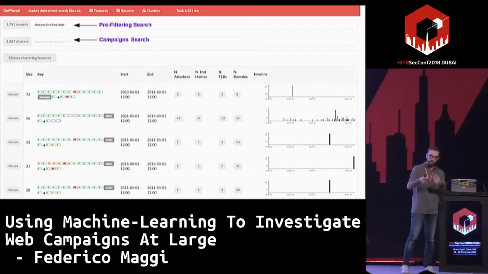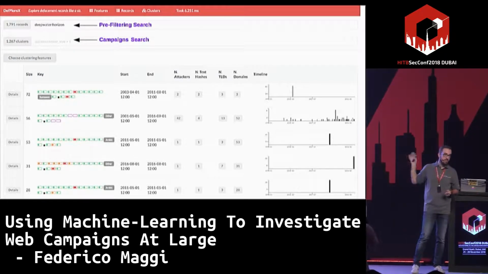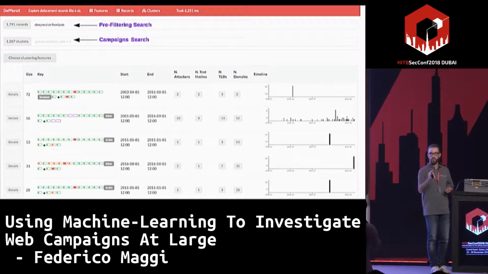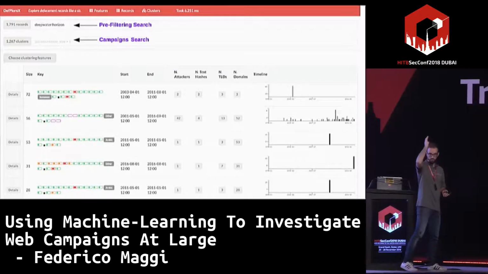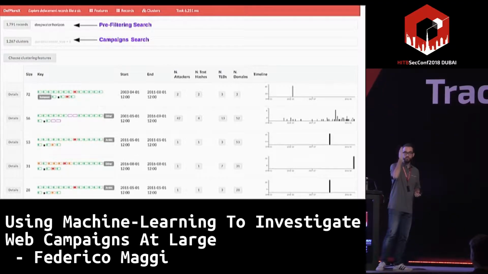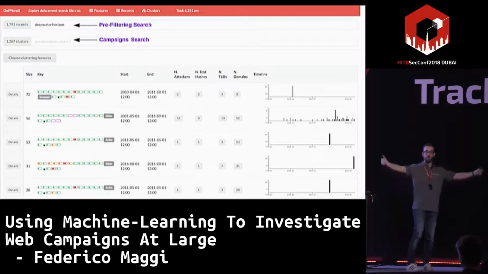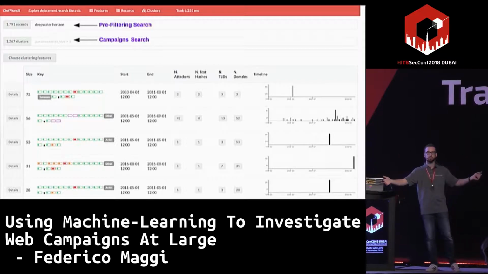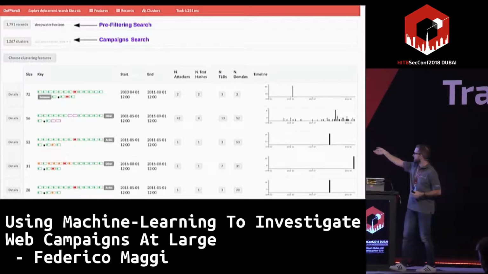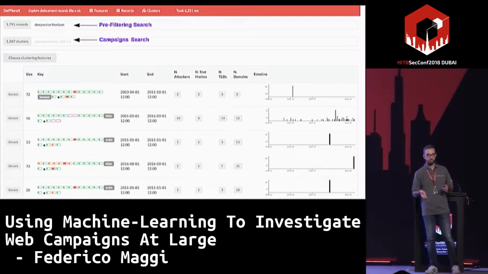But we will return to the features later. What you see on the right is the timeline, and you can immediately see by just looking that, for example, the first cluster is probably a spike of activity, one campaign around a couple of days, whereas the second cluster is a campaign that has been lasting for months or years, spread over a long period of time. The others, like the first one, are spot campaigns. Okay?